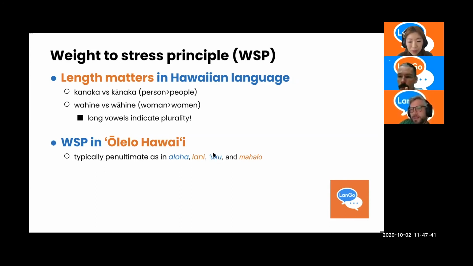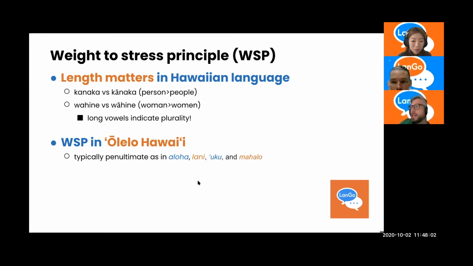And note that in the spelling the glottal stop is indicated. That's right. They use a symbol that looks like an upside down or backwards apostrophe, and it's called an ʻokina in Hawaiian orthography. All right, and our final example of typical penultimate stress is mahalo, which means thank you.